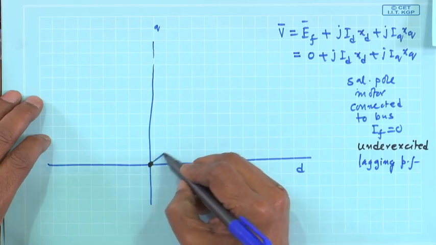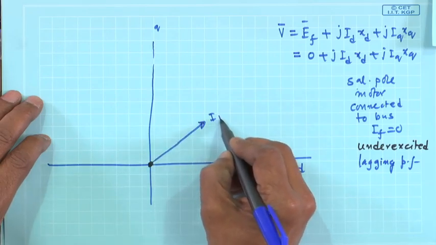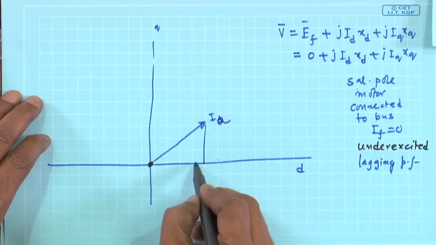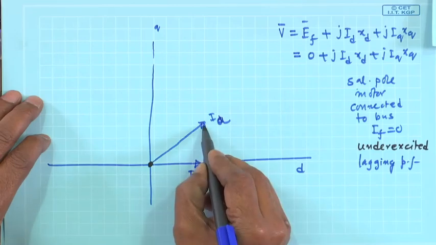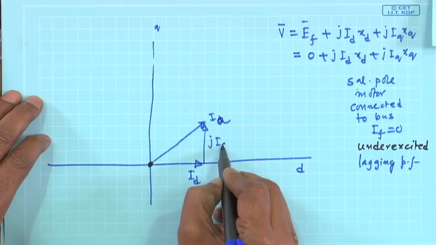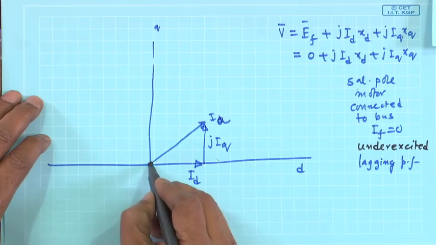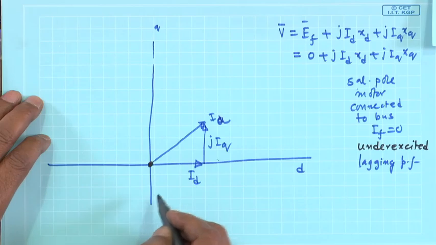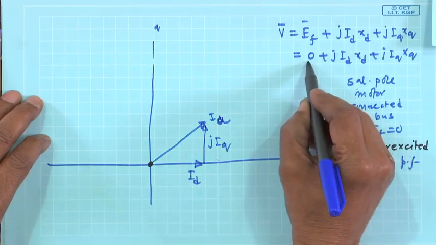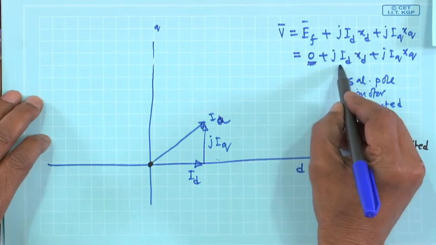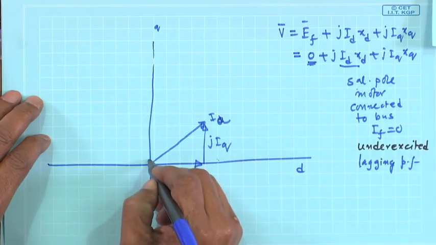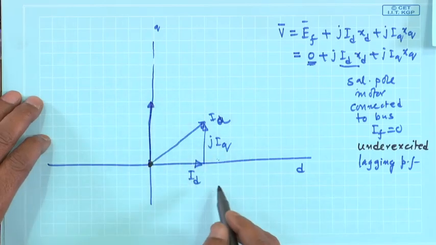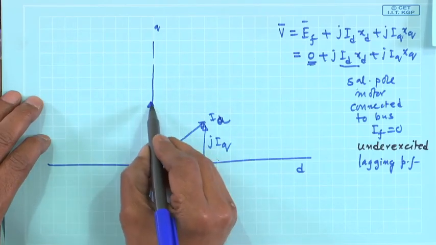So your IA will be here, this is the correct IA, and this is your ID, and this is your J IQ. It is like this, and EF is 0. So to this 0 you have to add J ID XD, so EF plus J ID XD and J IQ XQ.